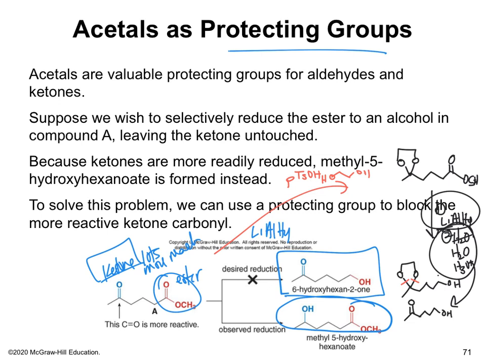So the acid, the water is going to add here. We don't care about this, but this carbonyl here gets the oxygen. And so that's how you can get the desired reduction.